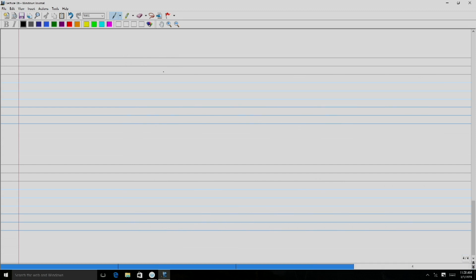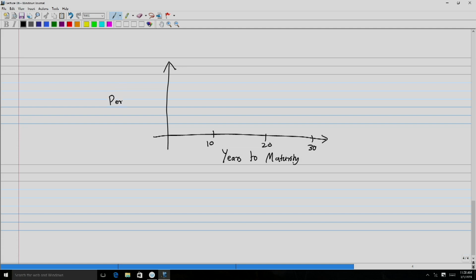So, graphically if we observe this, this is going to look something like this. If I have this as years to maturity, that means the remaining duration of the bond, maybe 10 years, 20 years, 30 years and so on, and the yield in terms of percentage, say 1, 2, 3, 4, 5, 6 and so on.